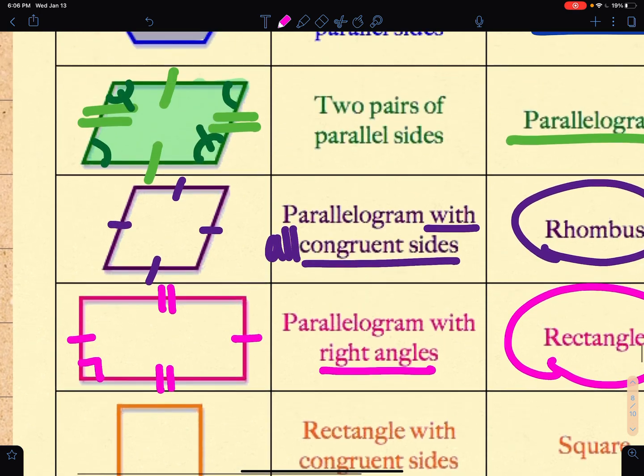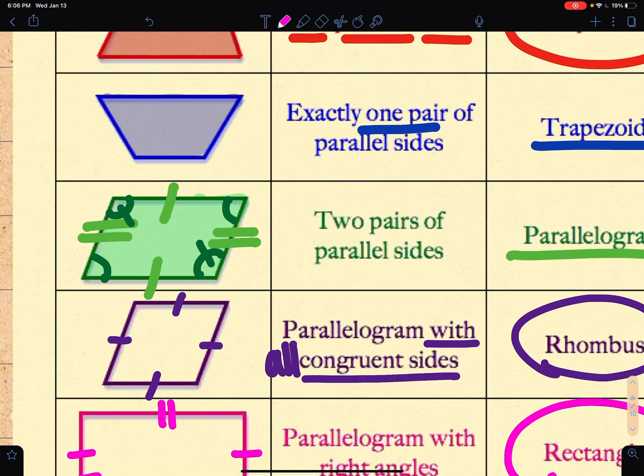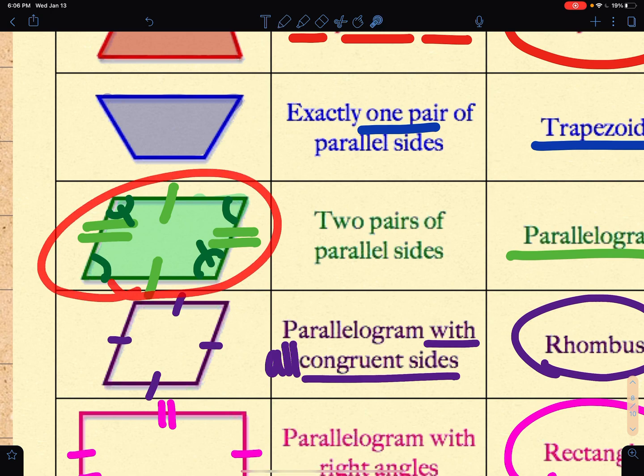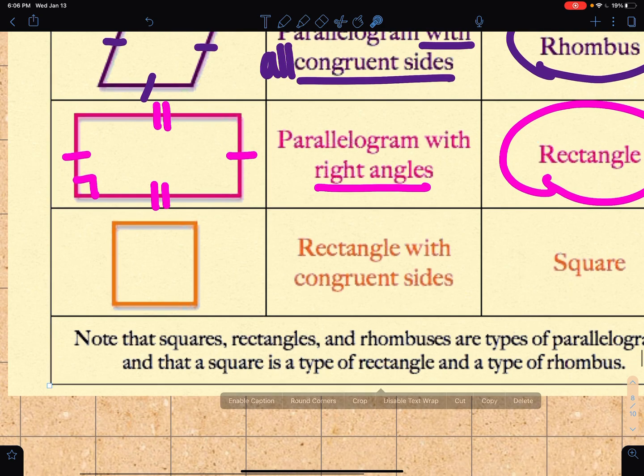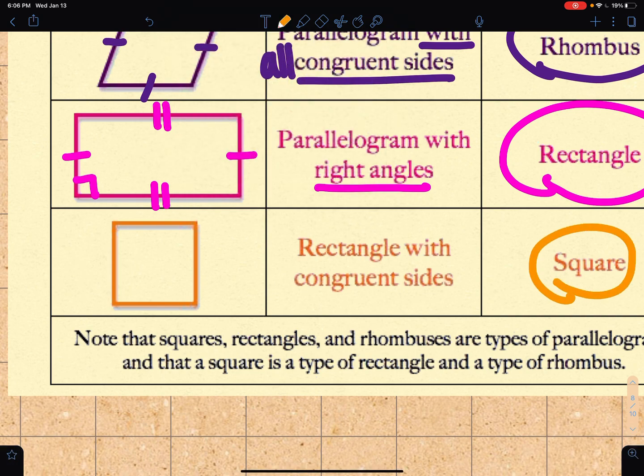If you take the parallelogram and make it stand upright, it turns into a rectangle. Okay. Now, one last one to go over, and that is the square. You already know what that is, but to define it mathematically, it's basically a rectangle with all congruent sides.